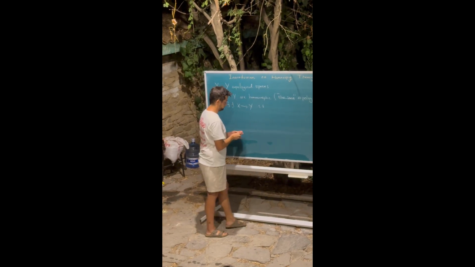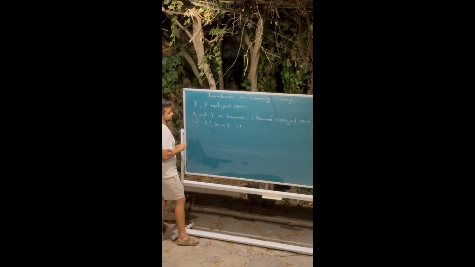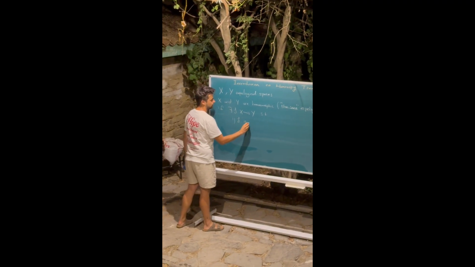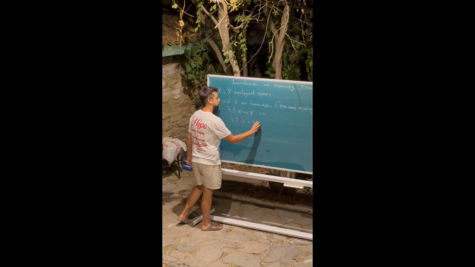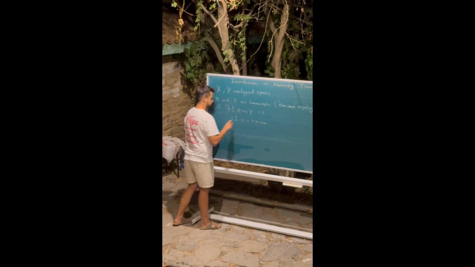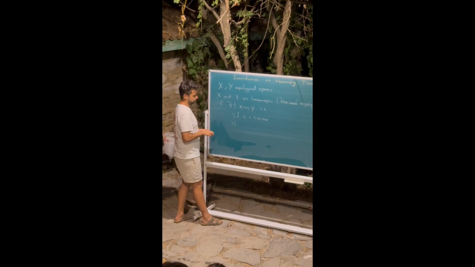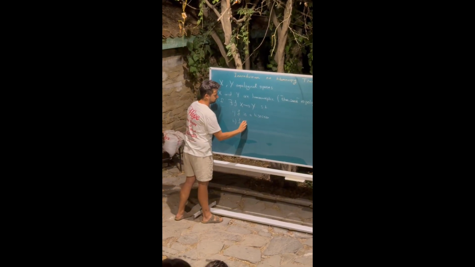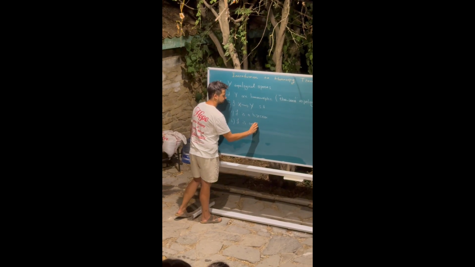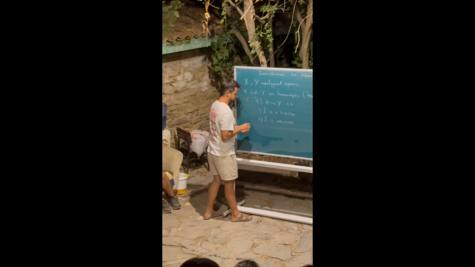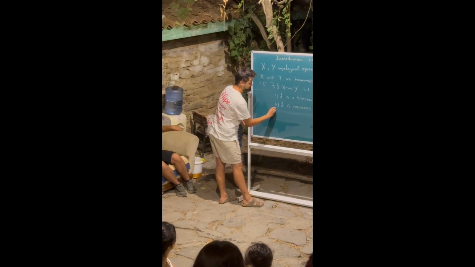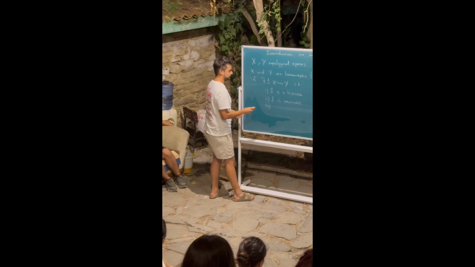One, f is a bijection, so it is 1 to 1 and onto. Two, f is continuous. Sorry about the squeeze. And the inverse is continuous.